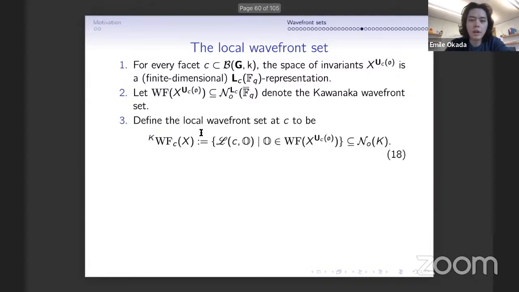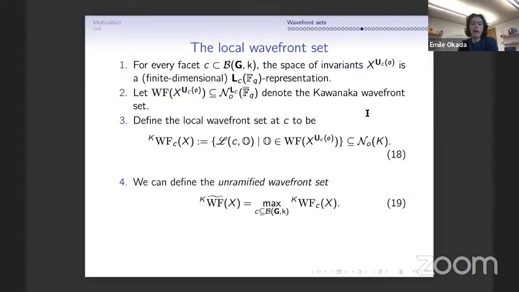And we define the local wavefront set at C to just be the lift of each of the orbits in the canonical wavefront set of this representation. So this gives us some collection of nilpotent orbits over the maximal unramified extension of little k. And so now we define the unramified wavefront set, so not quite the canonical unramified wavefront set, to be just the maximum over all these local wavefront sets.